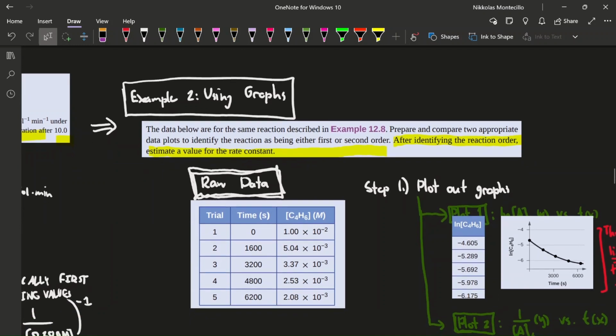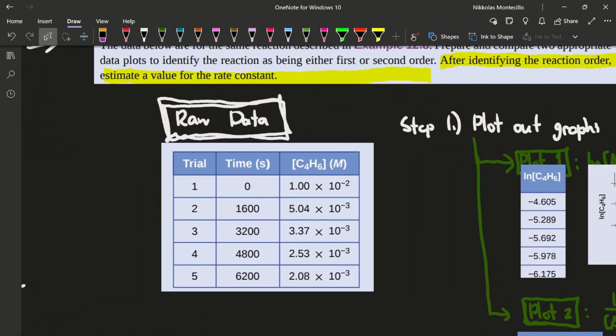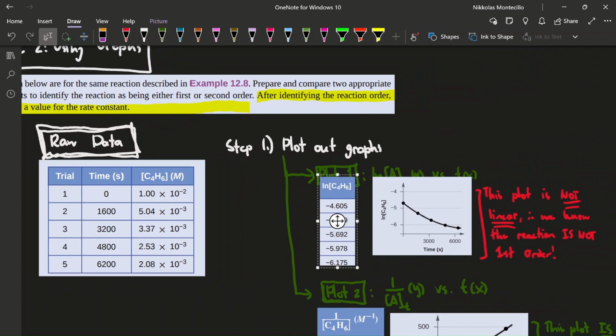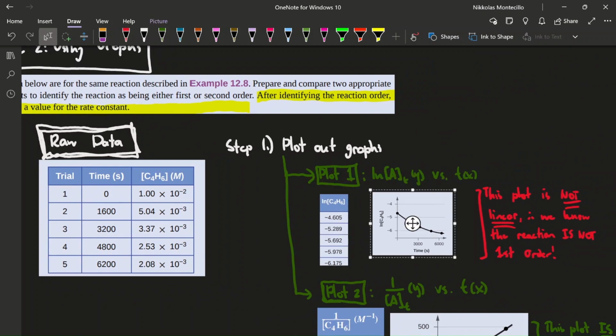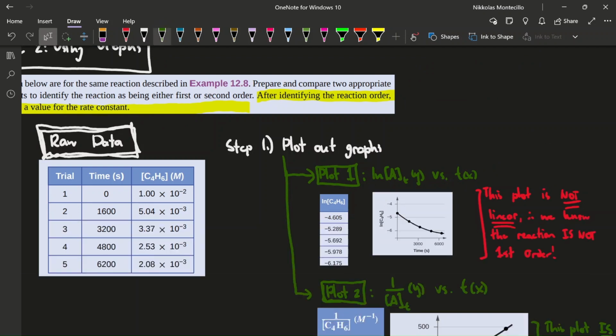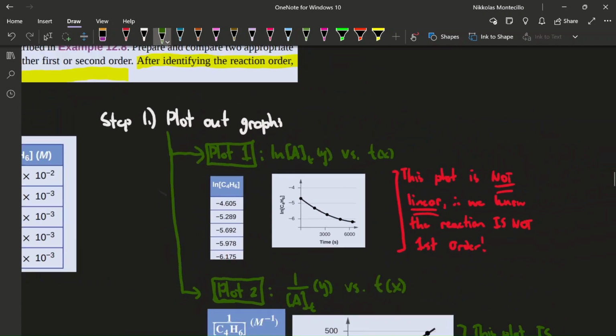To do this, we need to look at the raw data shown here, and then we want to apply certain functions to it.